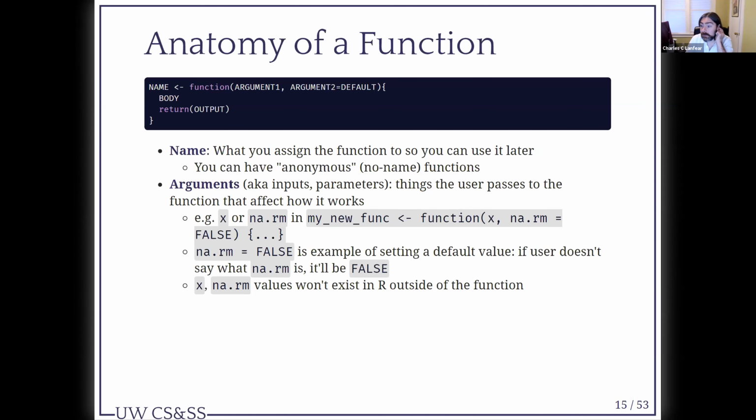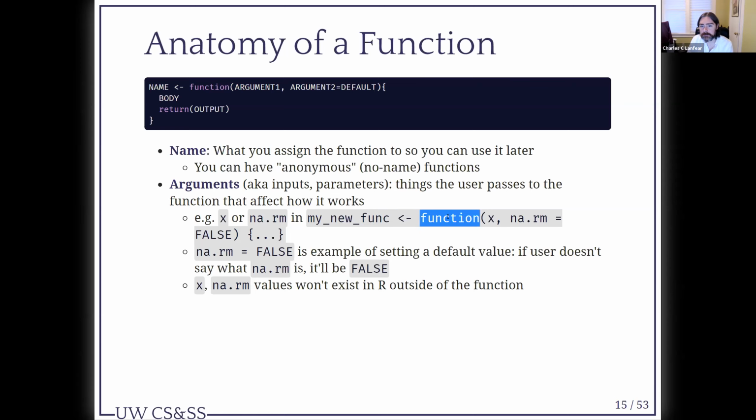Functions take arguments. The arguments are the input or the parameters to a function, depending on the lingo you want to use. These are just the things you give to the function that tell it how to work. Okay? Examples of this, like in the mean function, you might say it takes the arguments x and na.rm. So here I'm writing a function called my new function.